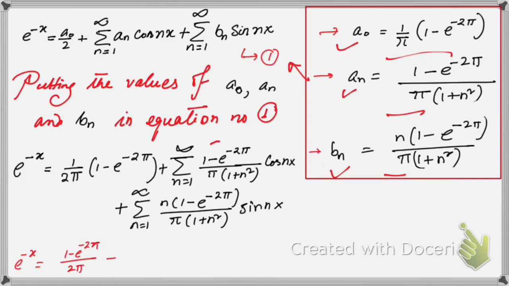Here this part can be taken outside the summation, because there is no n, because we're going to put the values 1 to infinity in place of n. So we can take 1 minus e to the power minus twice pi outside the summation, and that's why we got this, right?